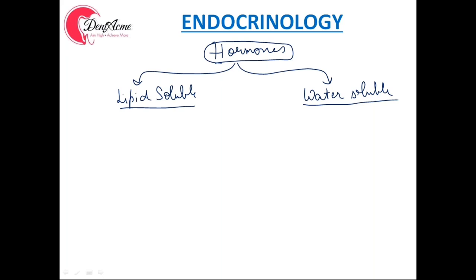Lipid soluble hormones consist mainly of the steroid hormones and the thyroid hormones, whereas the water soluble hormones consist of peptides, all the peptide hormones, and the amines.